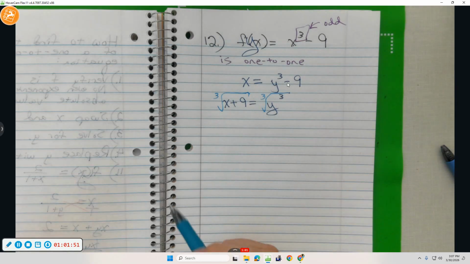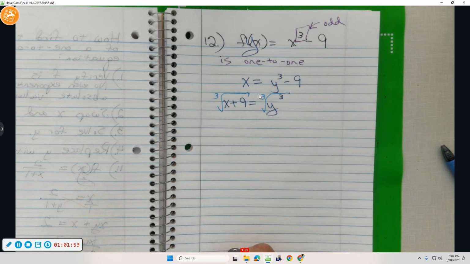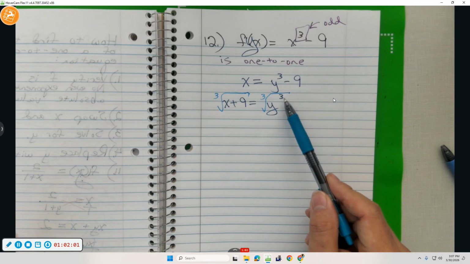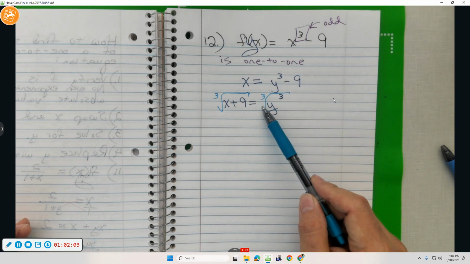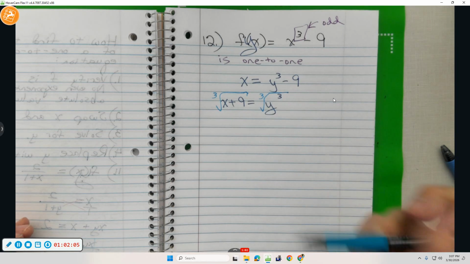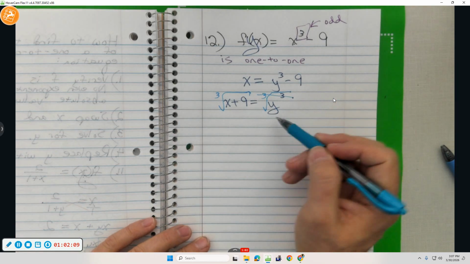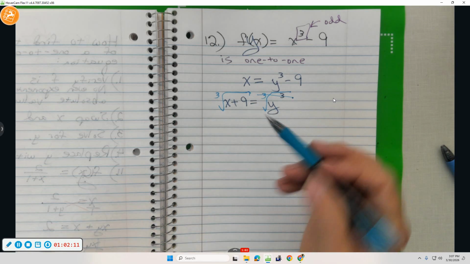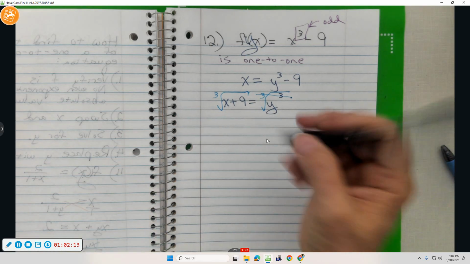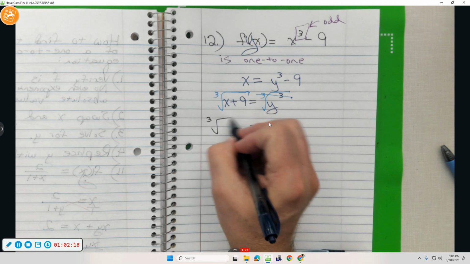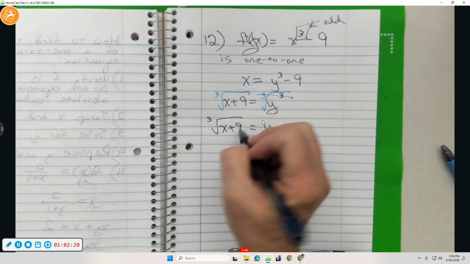We weren't able to use this terminology back when we were solving those radical equations, but now I can say it. The cubing function and the cube root function are inverses. When they're performed consecutively, they cancel out, leaving you, in this case, just the letter y, to give us y equals the cube root of x plus 9.